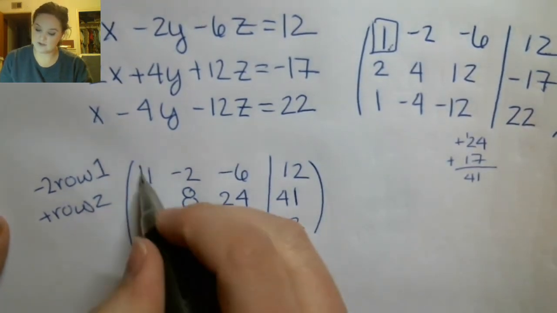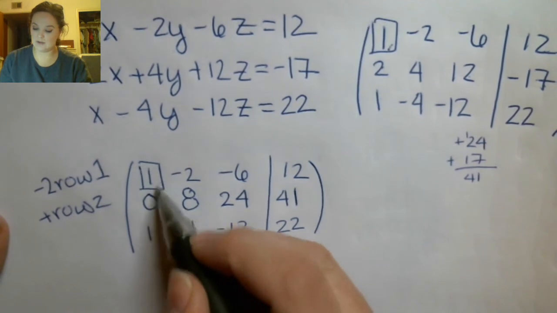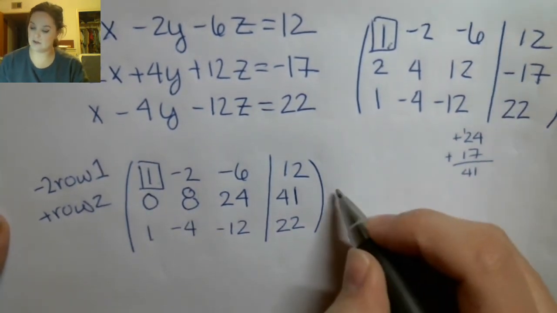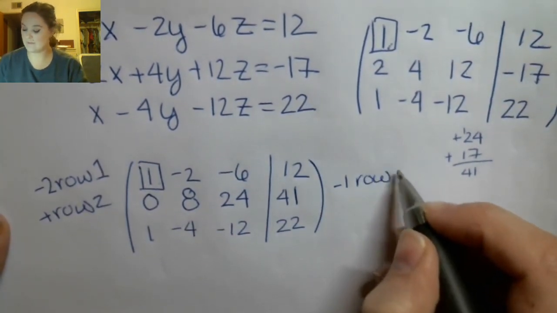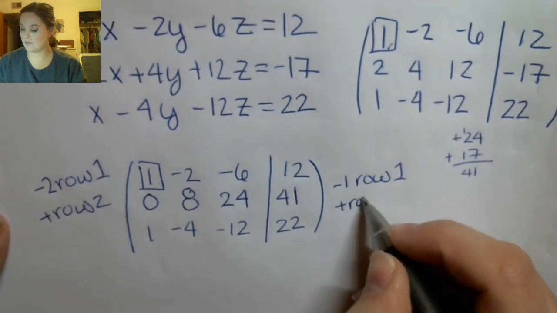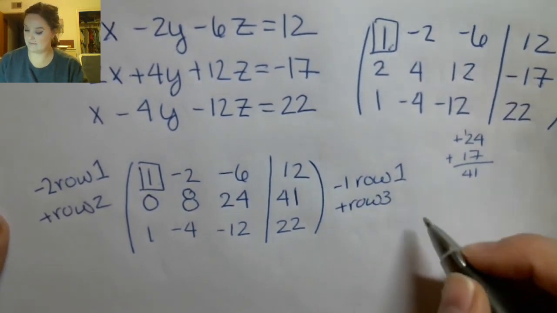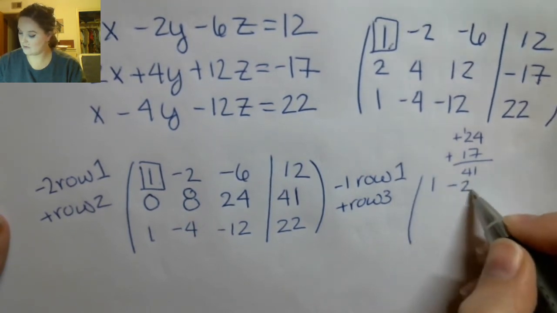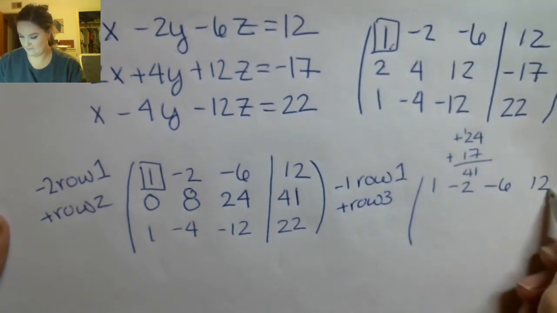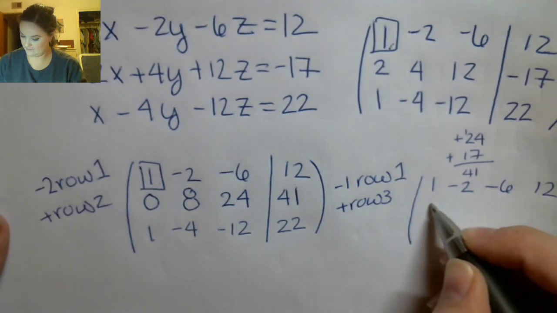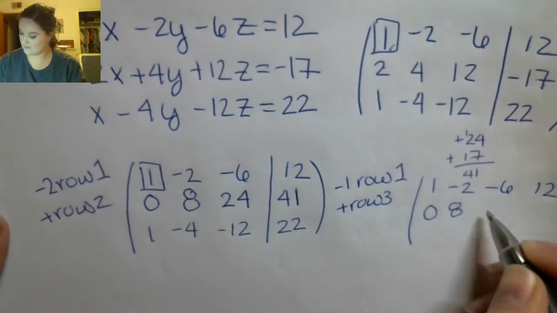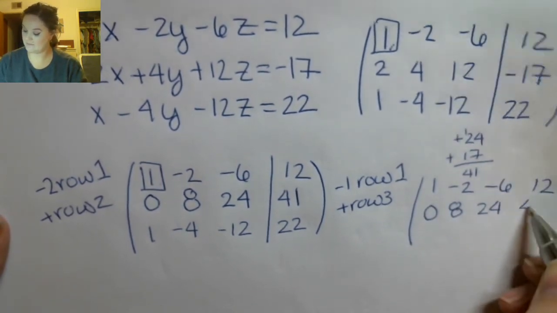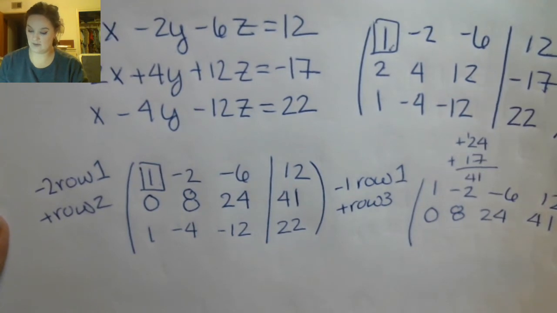Okay. Now I'm still focused on this entry, and I'm going to use it to eliminate here. So I'm going to do -1 times row 1, and I'm going to add it to row 3. Okay. So I'm just going to copy my first row, copy my second row. Okay.